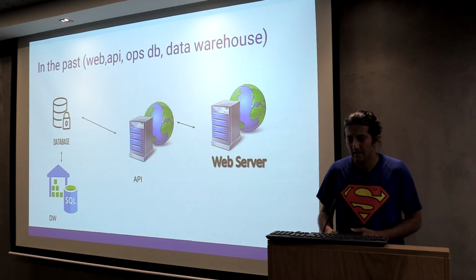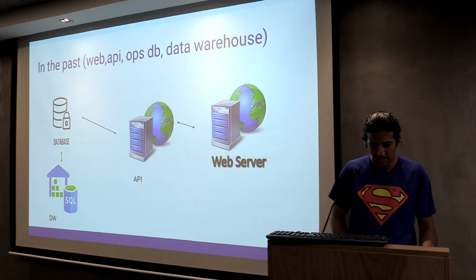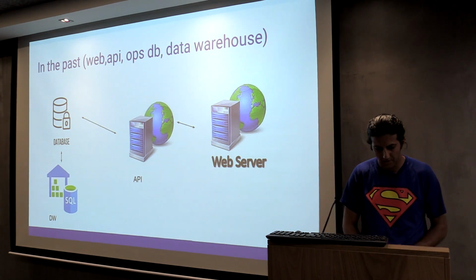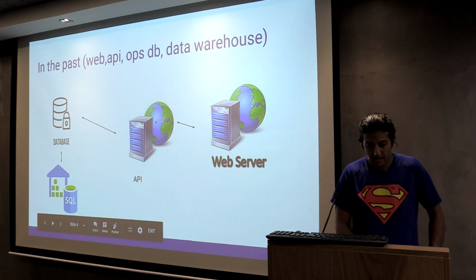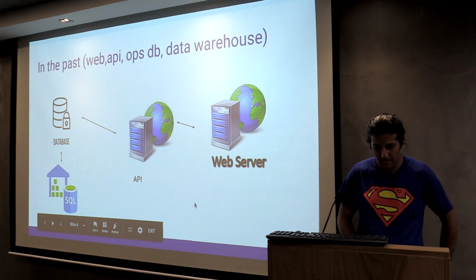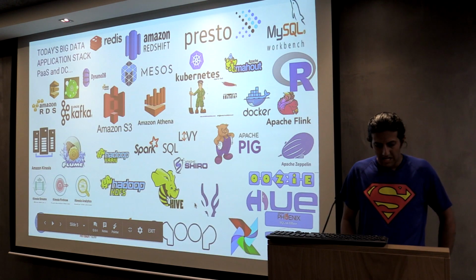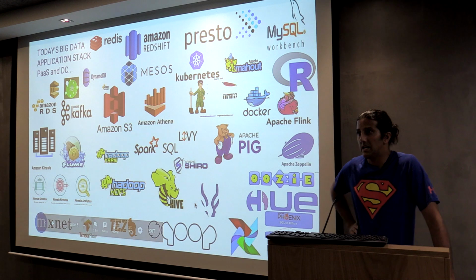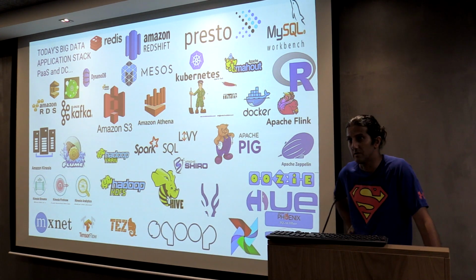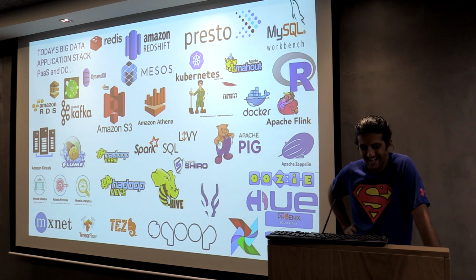In the past, talking about big data was a bit simple. Most apps were treated as an application. You had a web server, an API behind it, a database, and some data warehouse behind it. Nowadays, about 10, 15 years later, the ecosystem has exploded non-linearly.